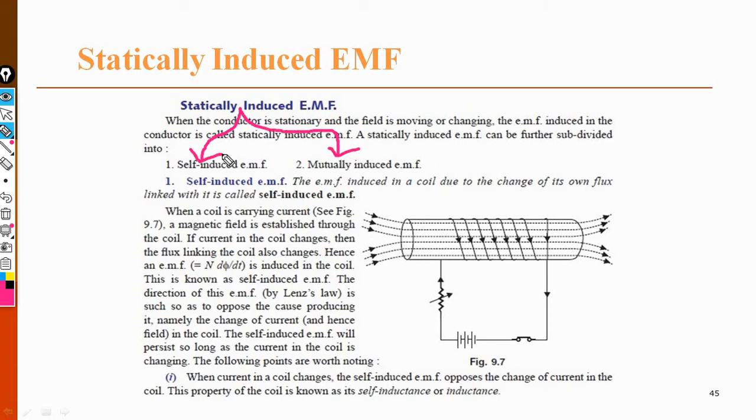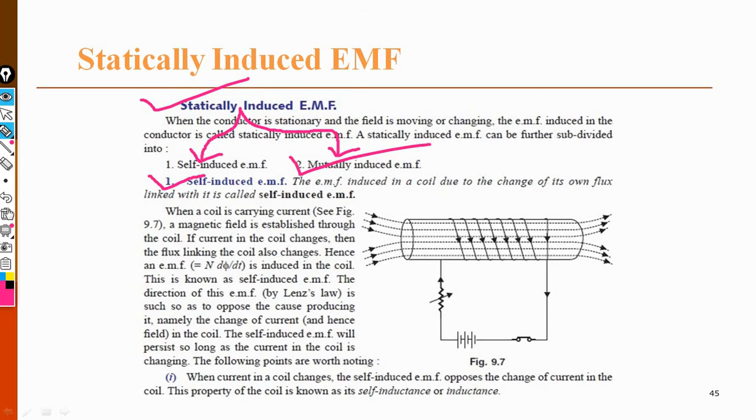In statically induced EMF, the conductor is in stationary position and the field is moving, that means the magnetic field moves from one place to another, and this type of EMF induced in the conductor is called statically induced EMF. The first type is self-induced EMF and the second one is mutual induced EMF.